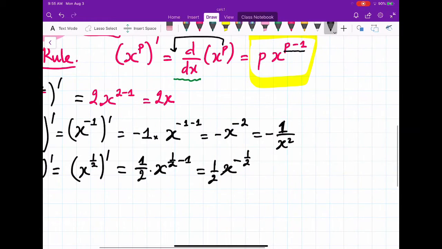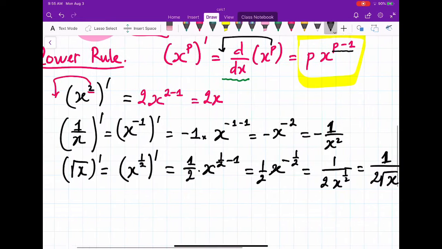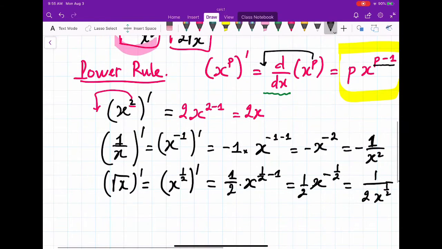That is 1 over 2 x to the 1/2, or 1 over 2 square root of x. So this is another kind of technique: we convert a fraction or a radical function to a power function. We use that a lot. Agree?